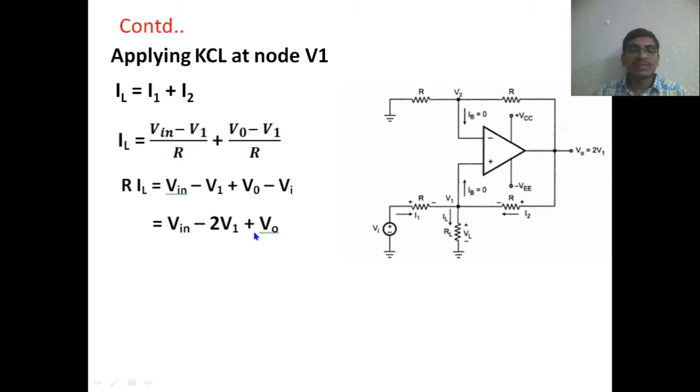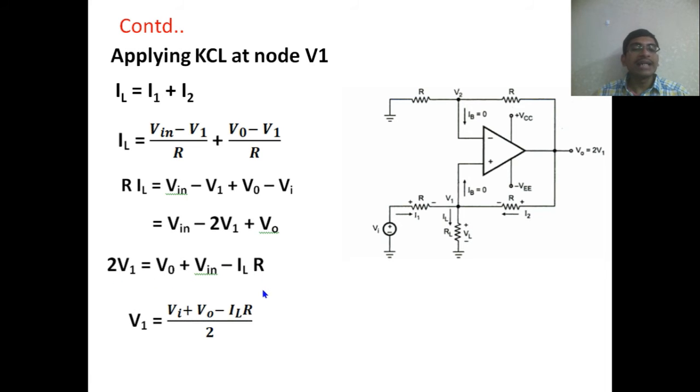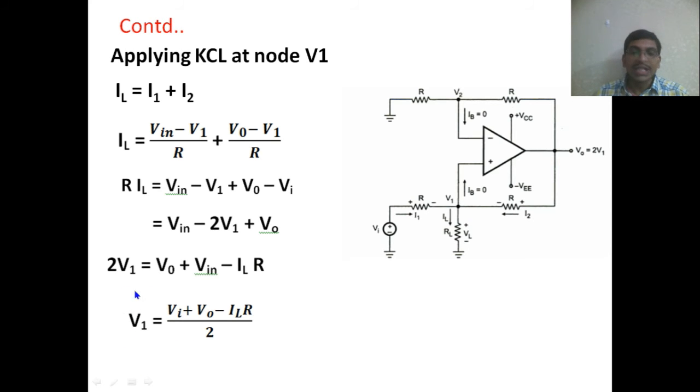So R into IL is equal to VI minus 2V1 plus V0, and the 2V1 can be rearranged as 2V1 is equal to V0 plus VI minus ILR. So V1 is equal to (V0 plus VI minus ILR) by 2. So this is the voltage equation for the input voltage V1 of this entire amplifier.